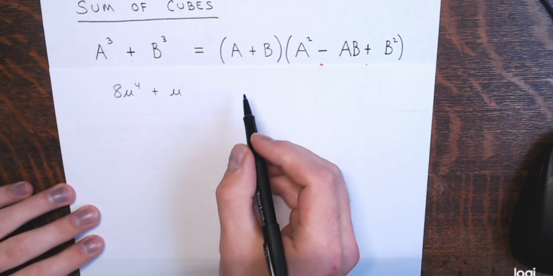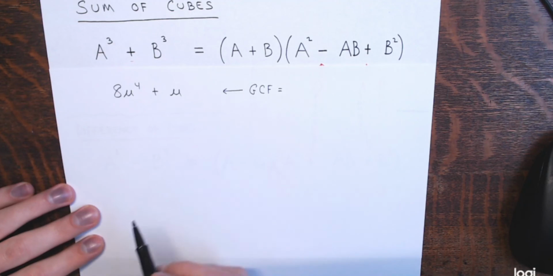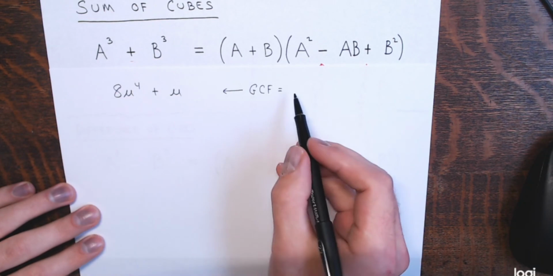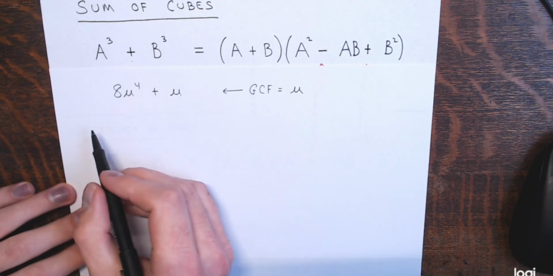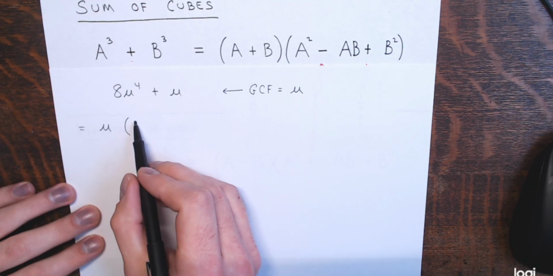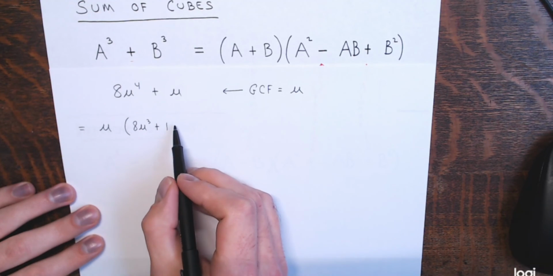But like with everything else, the first step in any factoring is finding the greatest common factor of all the terms and pulling that out, which in this case would be u. So I factor the u out first, and then we have 8u cubed plus 1 left over.